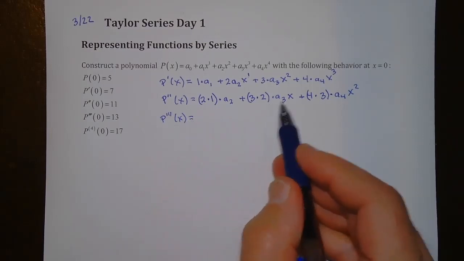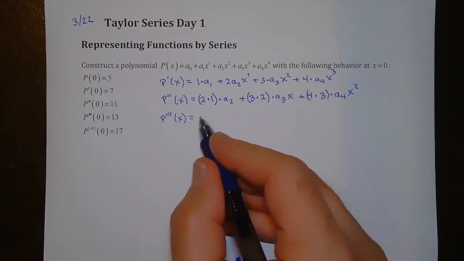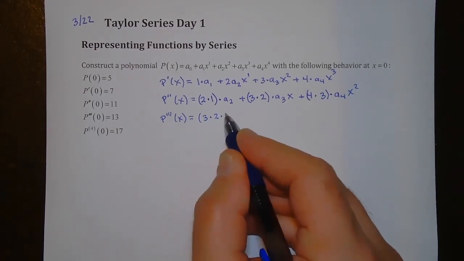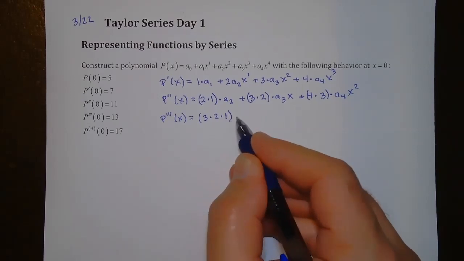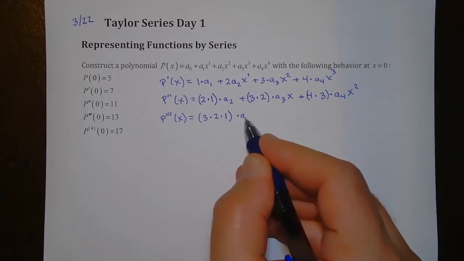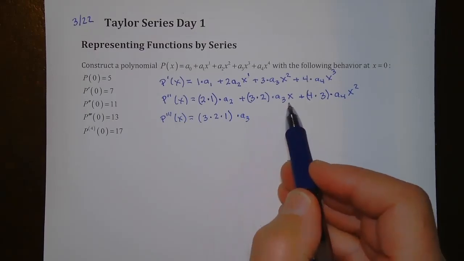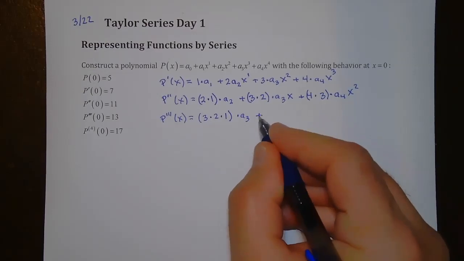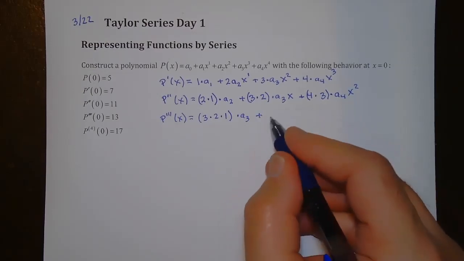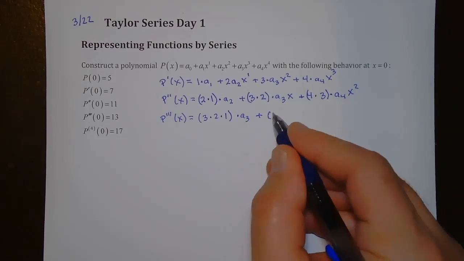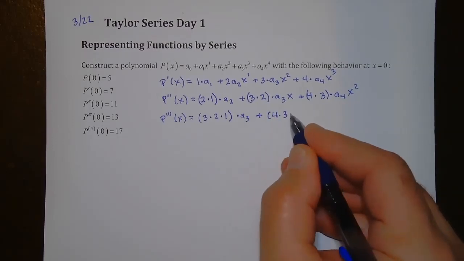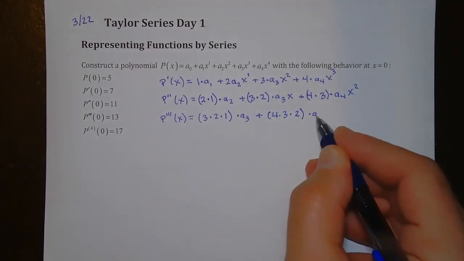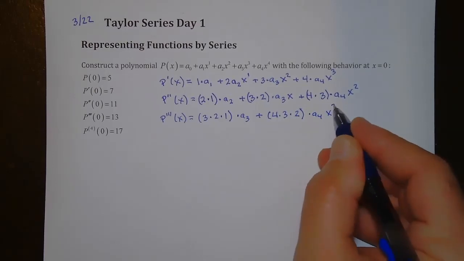This one's going to be, we're going to bring the power down, and this one's going to be 3 times 2 times 1, close the parenthesis, times a sub 3, and this time we're not going to write x because it'd be x to the 0, and then plus, and then this one would be, notice the terms are dropping down by 1 each time, and this would be 4 times 3 times 2 times a sub 4 x cubed.